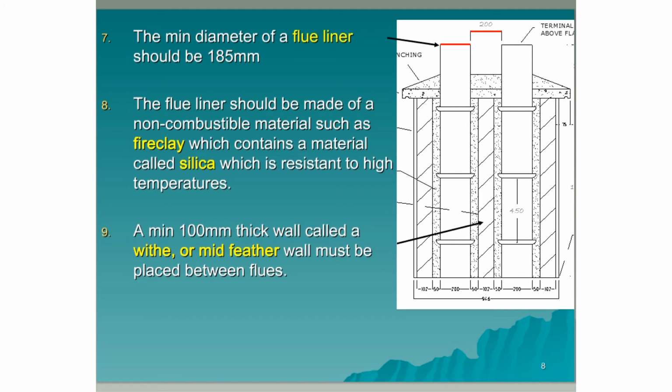A minimum 100 mm thick wall called a withe or mid-feather wall must be placed between flues. The minimum distance flue liners should be kept apart is 200 mm.